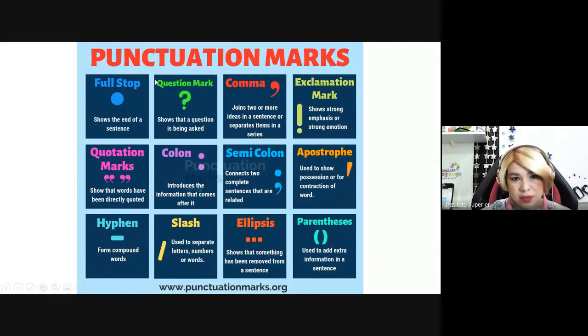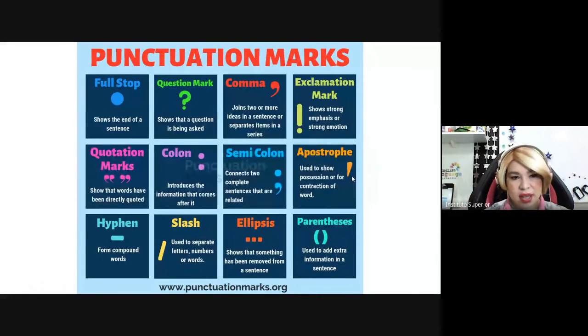Then we have the colon. It introduces the information that comes after it. The semicolon connects two complete sentences that are related. The apostrophe is used for contractions of words, or for possession, like John's restaurant.